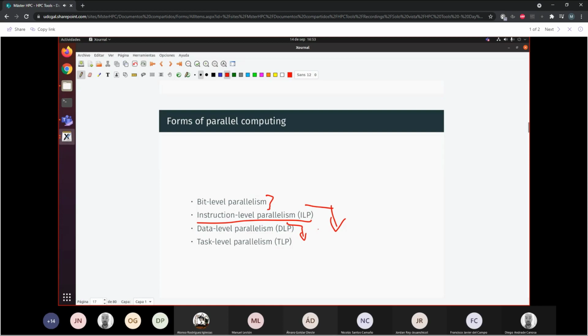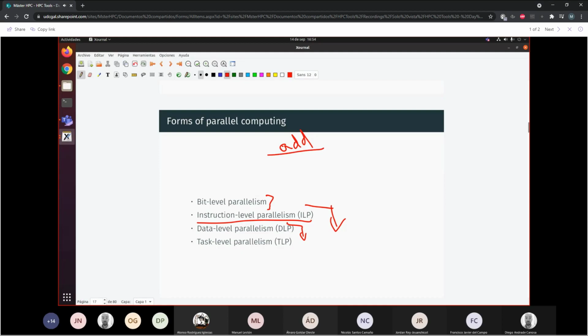For instance, in the set of instructions of a machine, we usually have an addition. An addition is written like this.